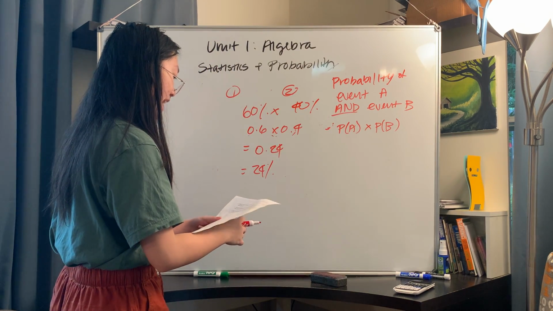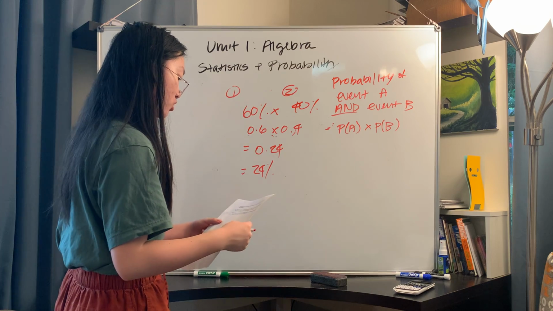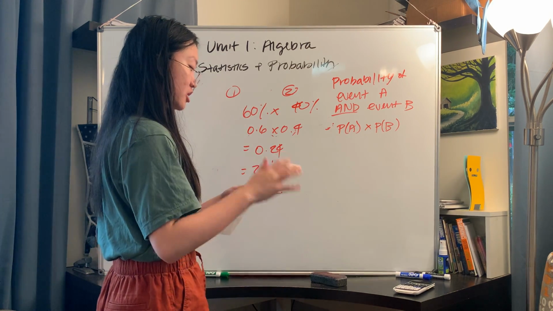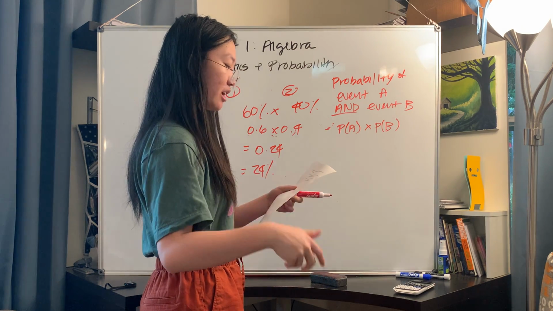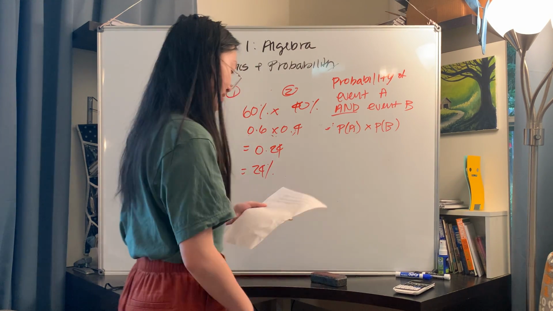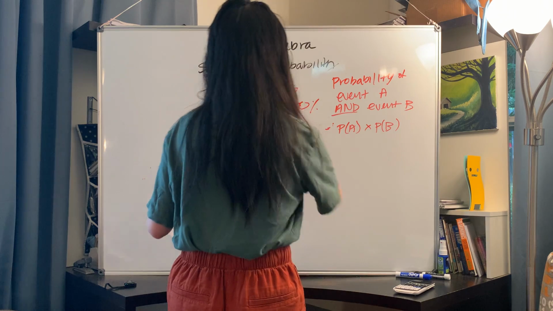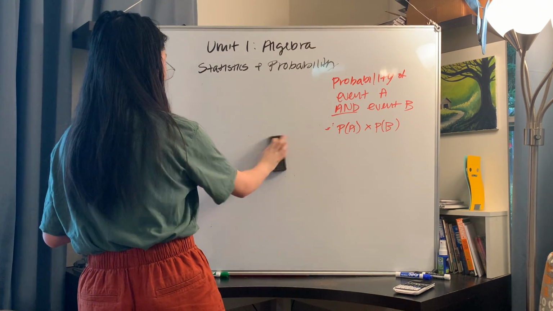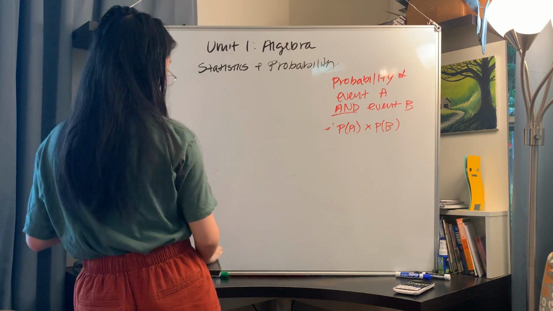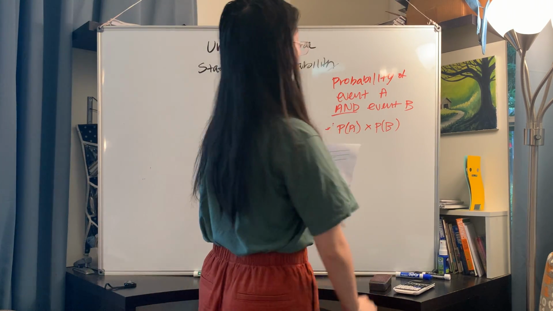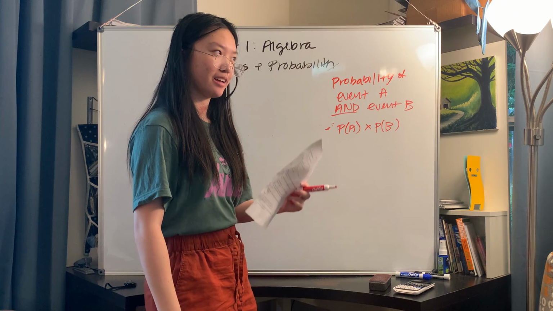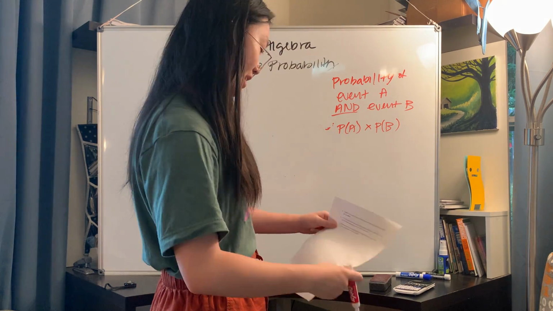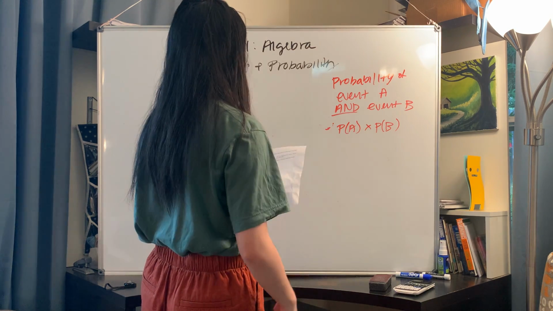Number 10, what is the expected value of a Michael Jordan shot if 43% are 2-pointers, 6% are three-pointers, and the rest are misses. Alright, so the thing to remember about expected value is that expected value is not the most probable value that you will get, if that makes sense. So here, I'll just do this problem to explain.